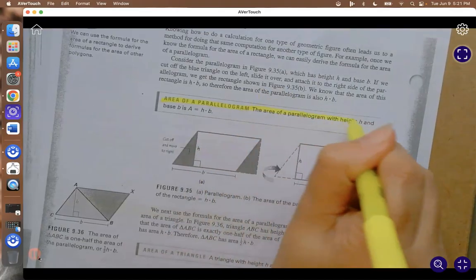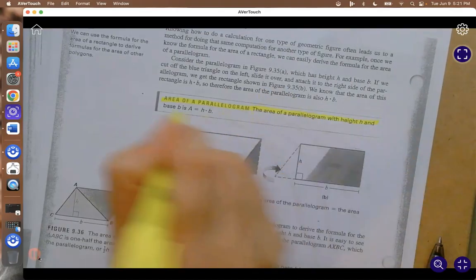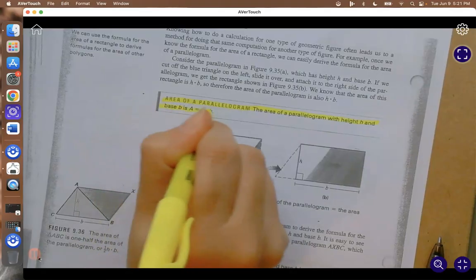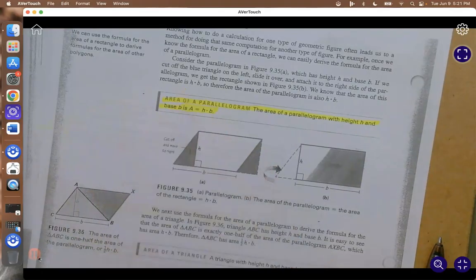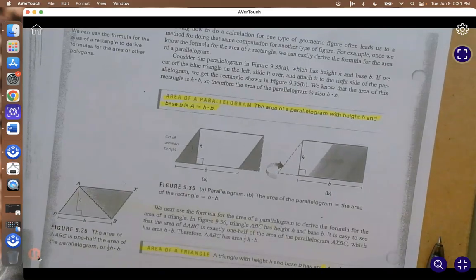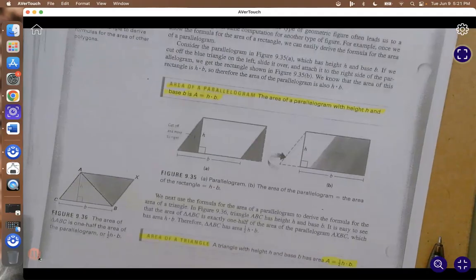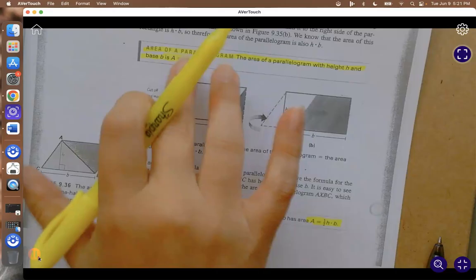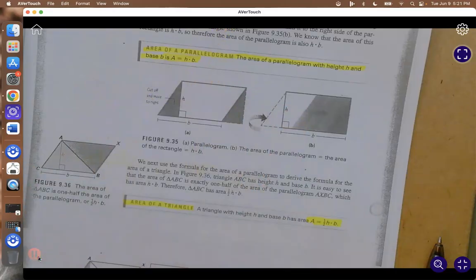The area of a parallelogram with a height h and a base b is the area of h times b. Okay, so we have that formula. Then we have the formula of area of a triangle, which we all know is 1/2 base times height. I don't know why they put the h first. We always work in alphabetical order, but you know, whatever.